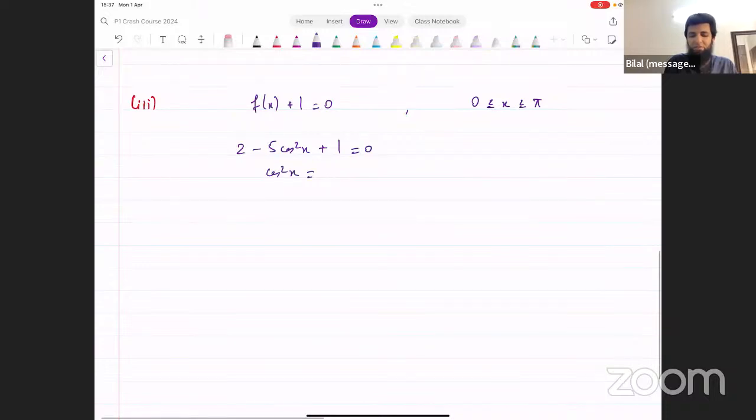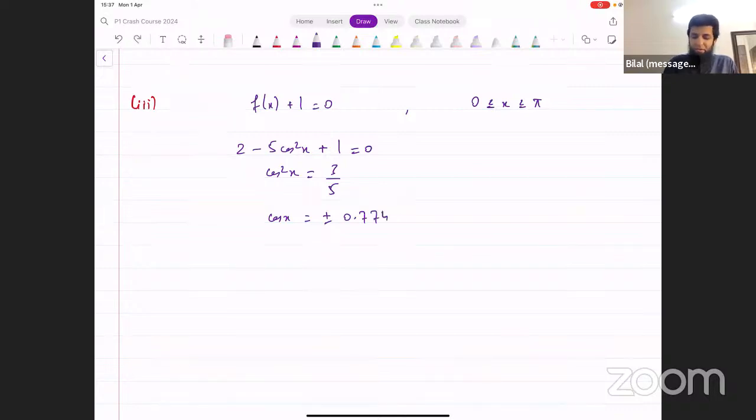That's going to give you cos square x equal to 3 over 5, right? 3 over 5, we'll take square root on both sides, but remember when you take square root, you have to put plus minus, so it will become square root of 3 divided by 5, plus minus 0.774546.